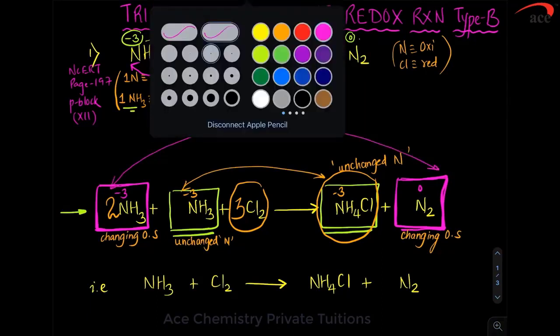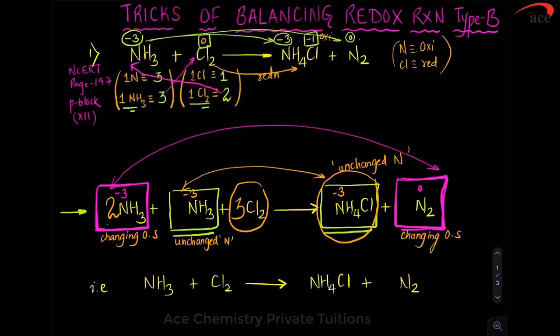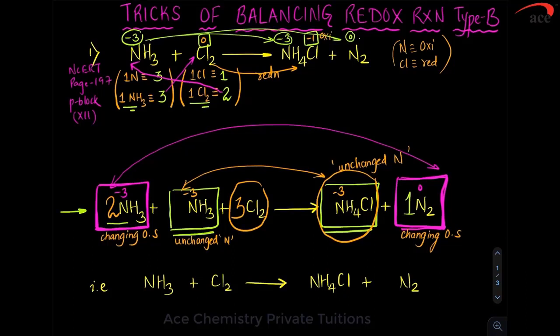So now we look at the balancing associated with this. How many nitrogen are present here? 2. So how many nitrogen should be present in the similar pink color box on the other side? It should be 2 nitrogen only. So putting 1, it's 2 nitrogen only. So nitrogen is balanced. I'll call it changing nitrogen balanced.